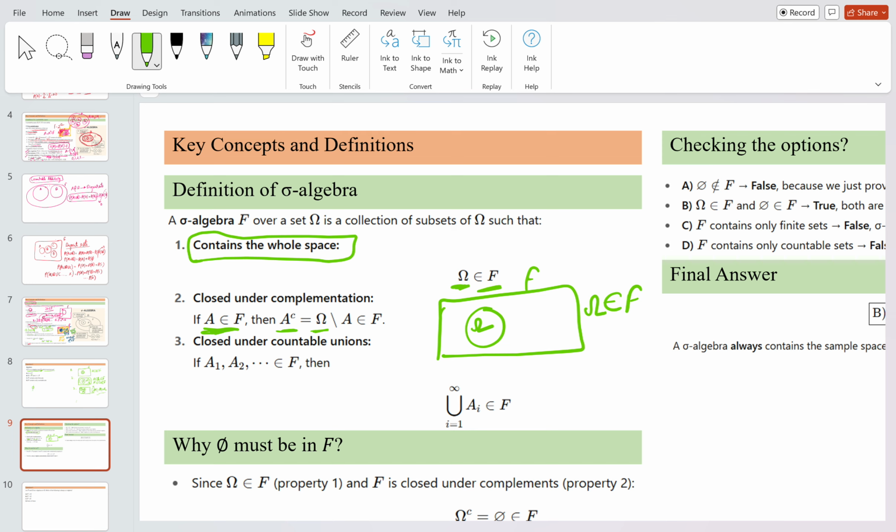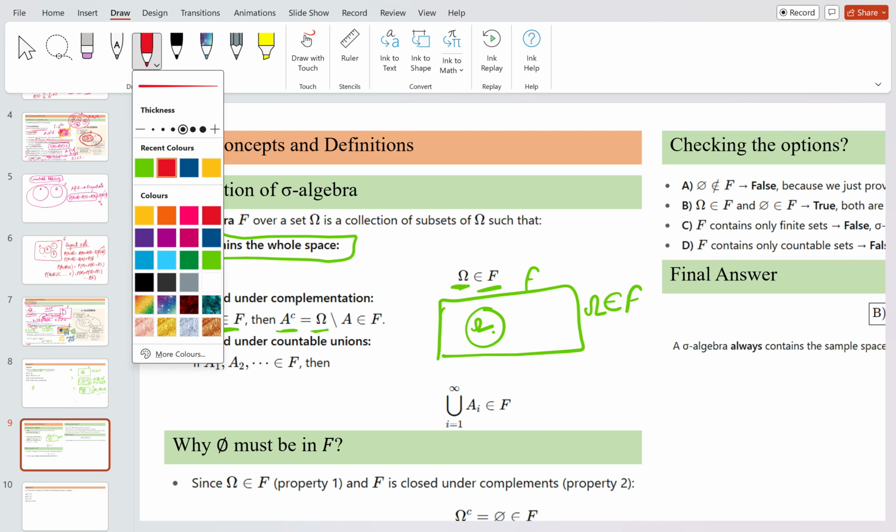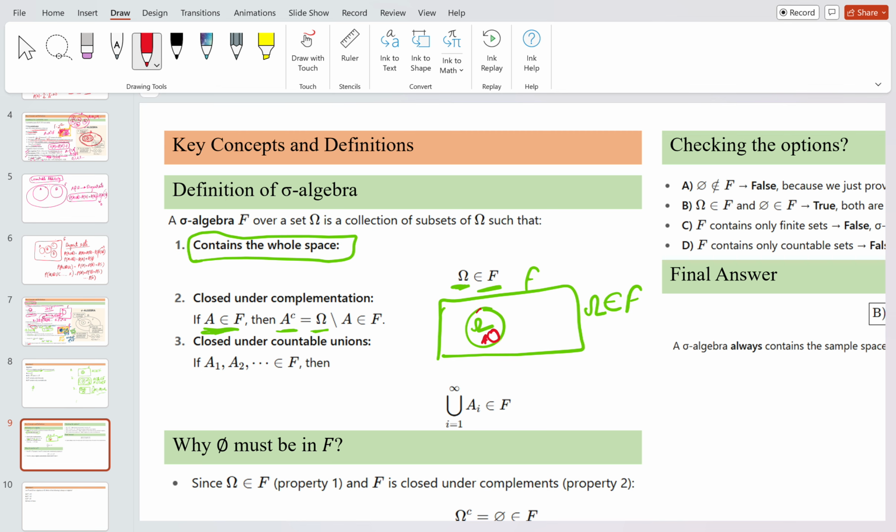Let's see what this is actually telling. Suppose this is A, and the other part will be A complement. If this A belongs to F, then this A complement, which is in omega, also belongs to F. And the third criterion is closure under countable union.